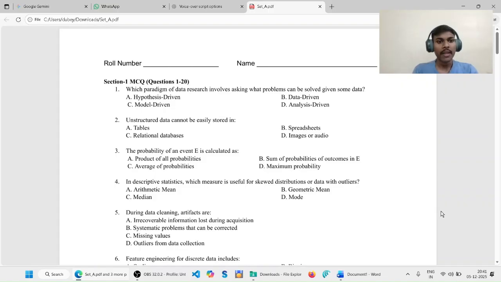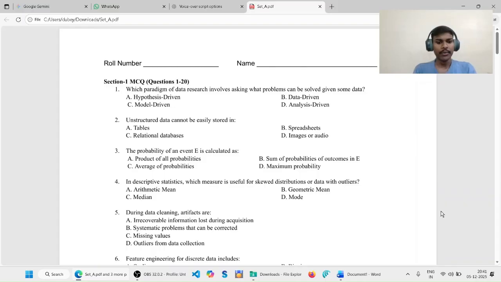Question number 1: which paradigm of data research involves asking what problems can be solved given some data? Options are hypothesis driven, data driven, model driven, and analysis driven. The correct option is option B, data driven.